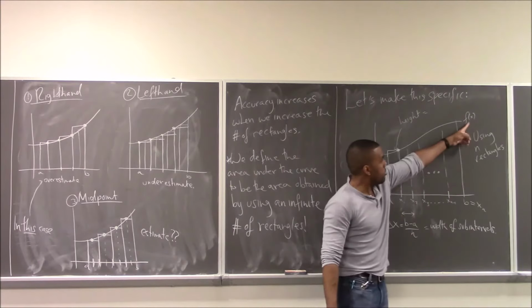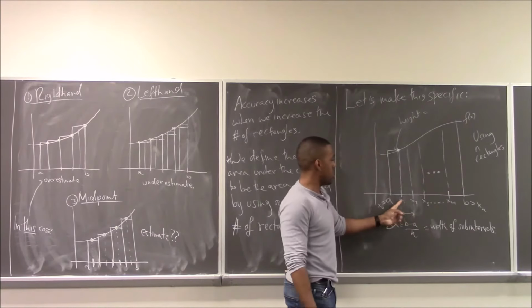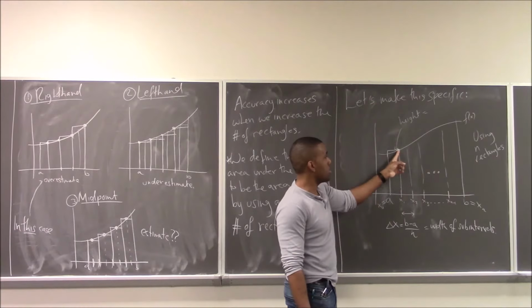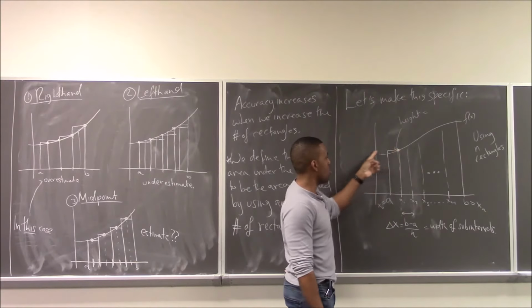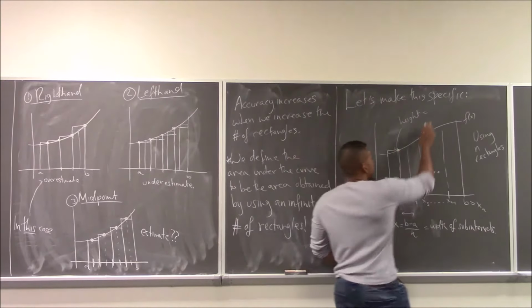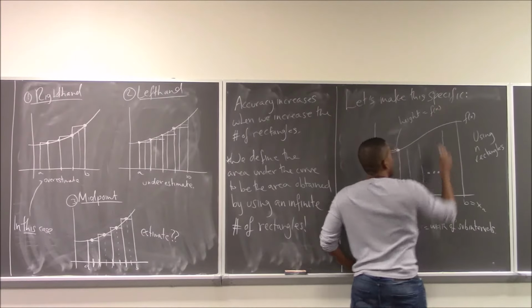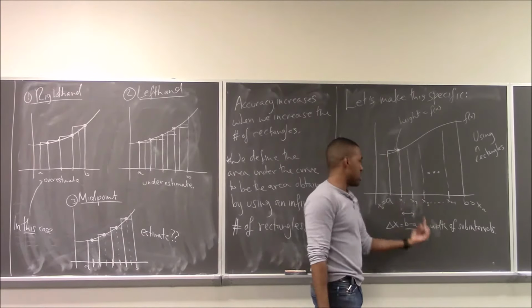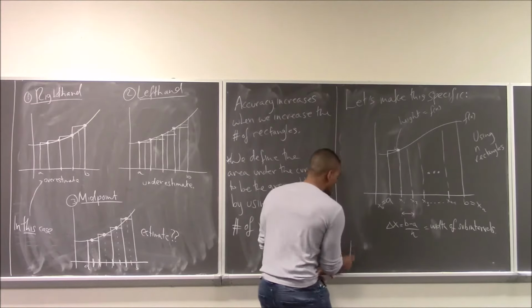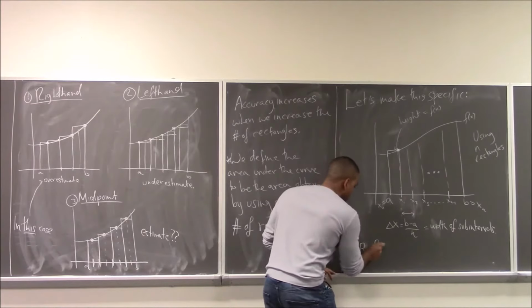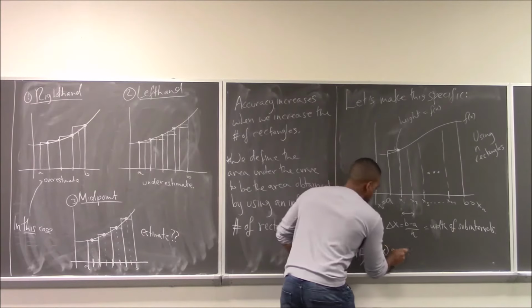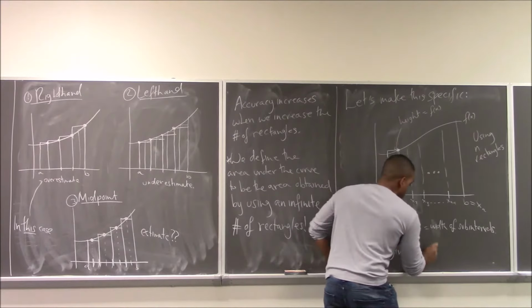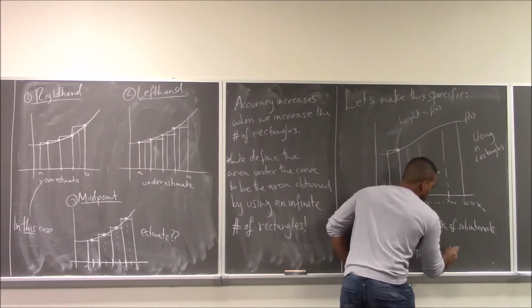If I know f of x and I want to find the height on the curve, I just plug the x value into the function for the curve. It gives me the y value, which gives me the height. So the height here is going to be f of x1, and that's going to be true for all the others: f of whatever x value. So note, f of x gives the height of the rectangles.